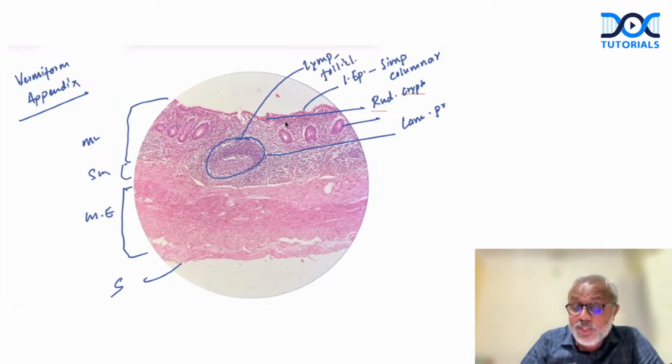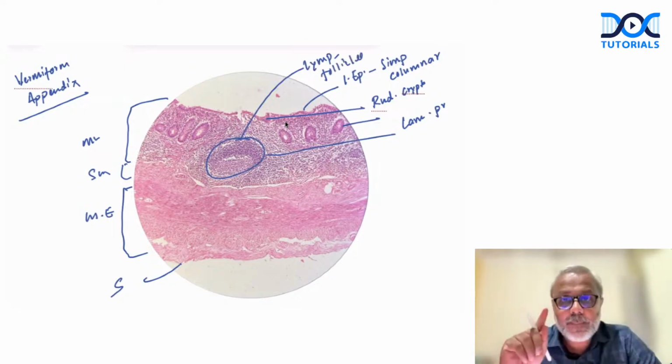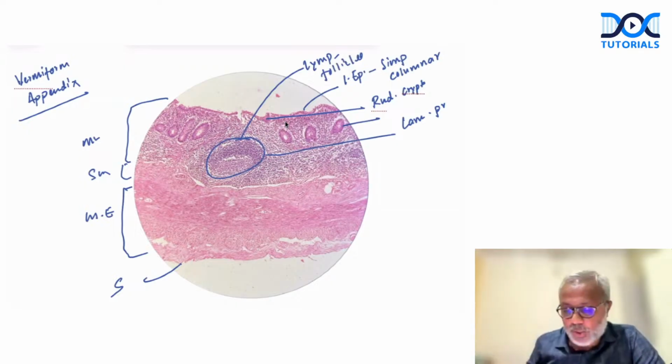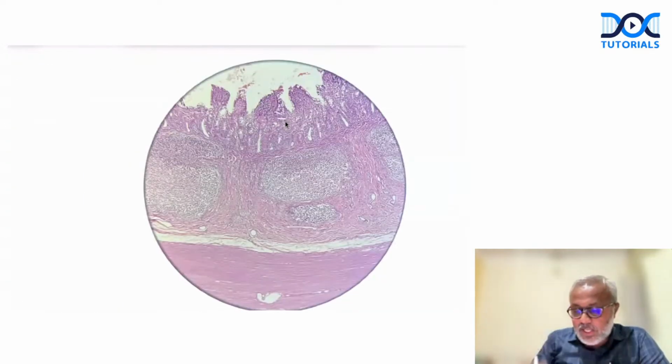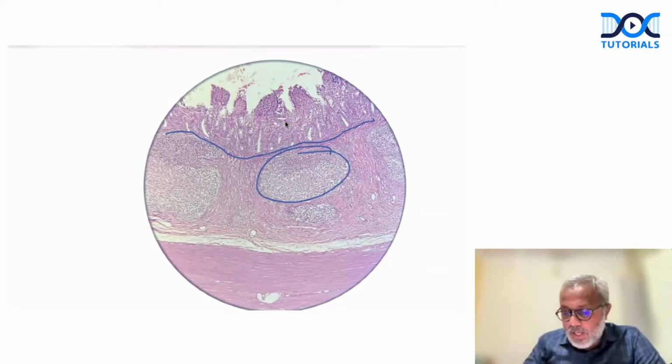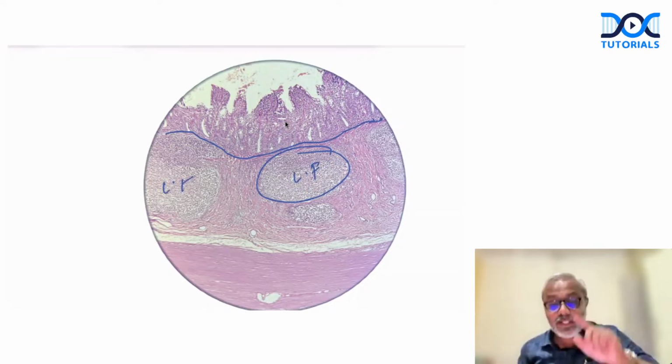Remember, in case of ileum, where the lymphoid follicles are seen, they are predominantly seen in the submucosa. I'll just show you the slide of the ileum that we had discussed. So where is the lymphoid follicle? If you see, this is the mucosa. Since this is the muscularis mucosa, the lymphoid follicle is present in the submucosa.